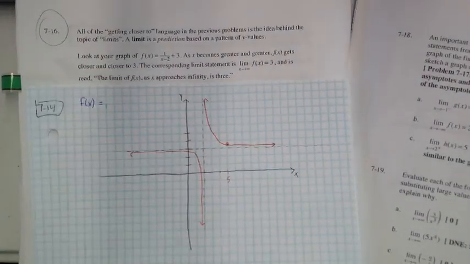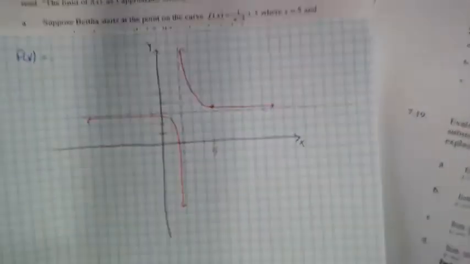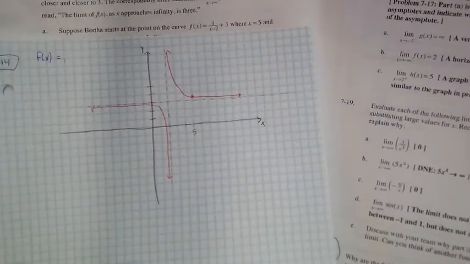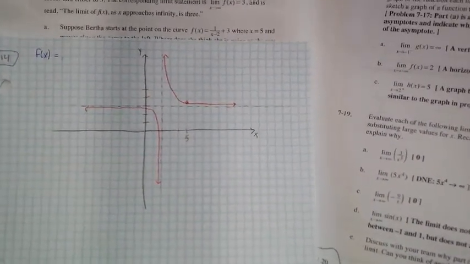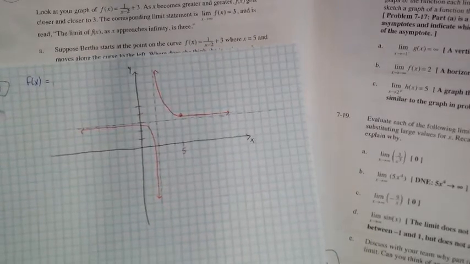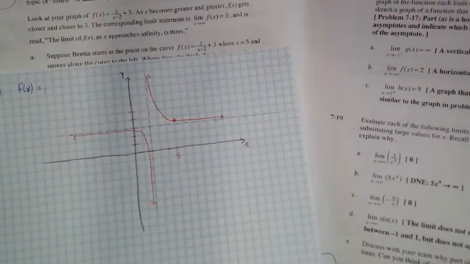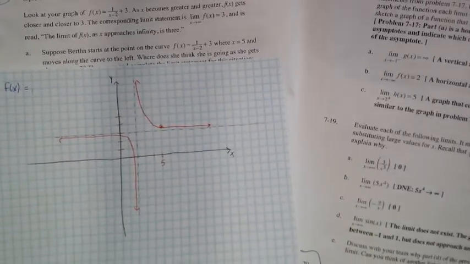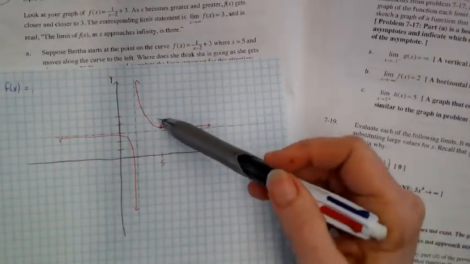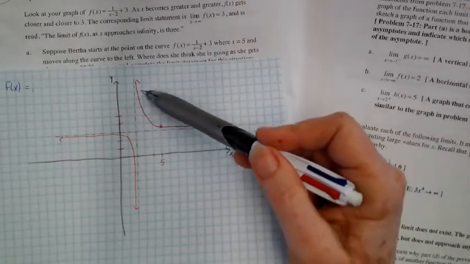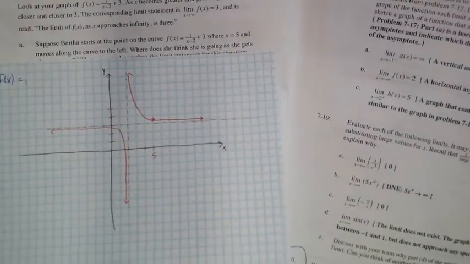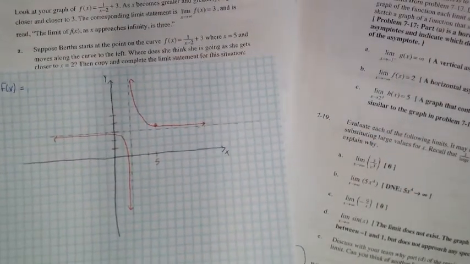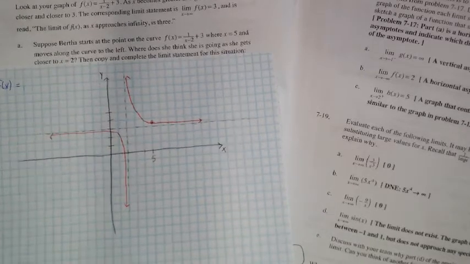Letter A says, suppose Bertha starts at the point on this same curve where x equals 5 and moves along the curve to the left. So she's here, but suppose she goes left. Where does she think she's going as she gets closer to x equals 2?